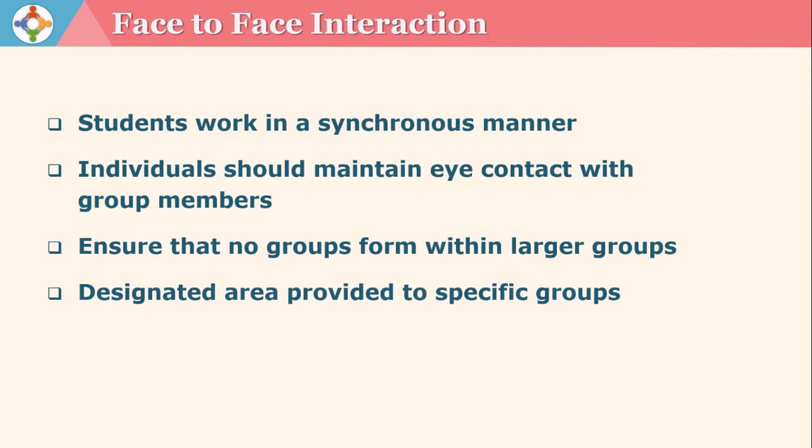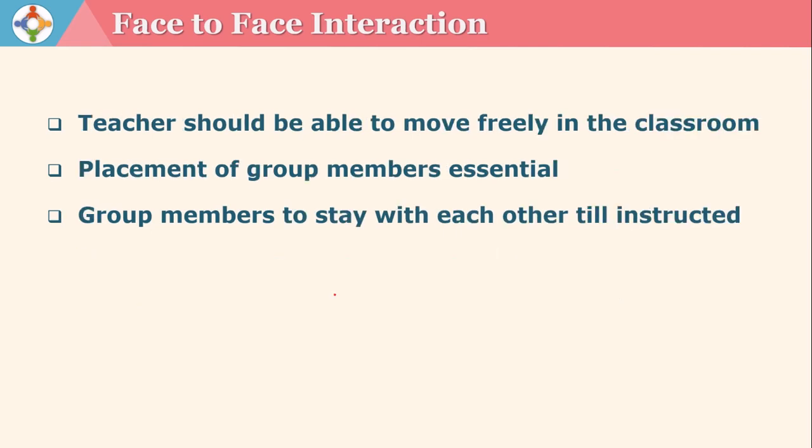They ensure that there are no groups within the larger groups. Designated areas are provided to specific groups so that in smaller groups students can interact in a healthy way, face to face, so that they can share their ideas, views, and resources, as we have already discussed. Teachers should be able to move freely in the classroom.